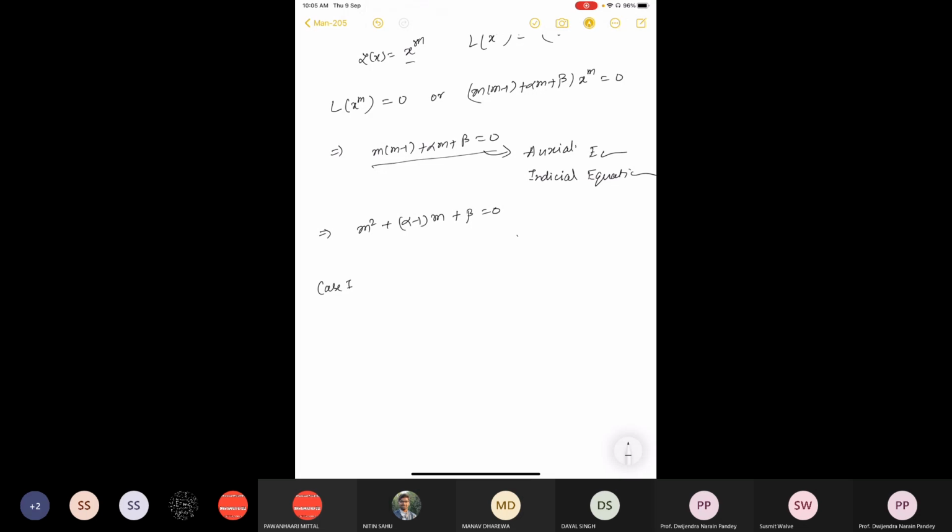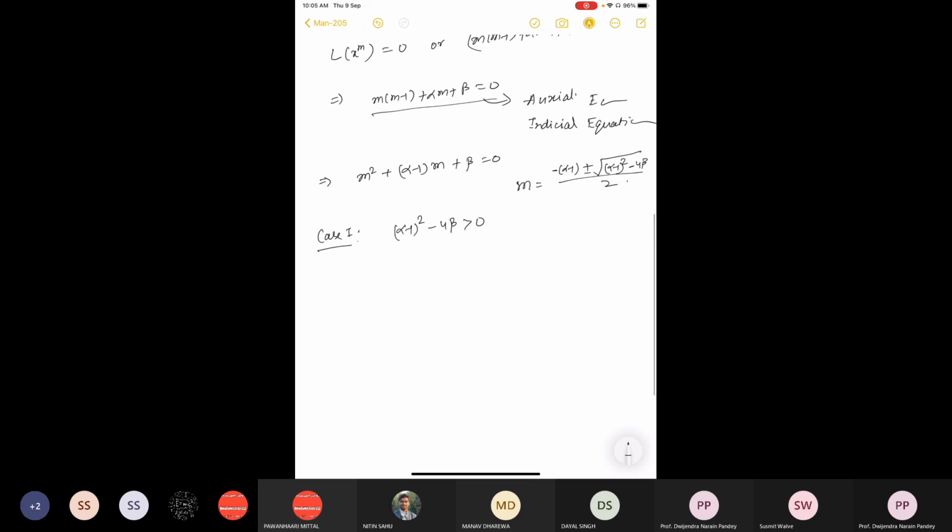Case 1, in fact, you can find m equal to minus of (alpha minus 1) plus minus the square root of (alpha minus 1) whole square minus 4 beta, upon 2. So here everything depends on this discriminant, which is (alpha minus 1) whole square minus 4 beta.